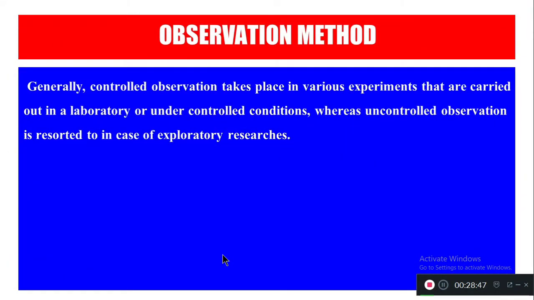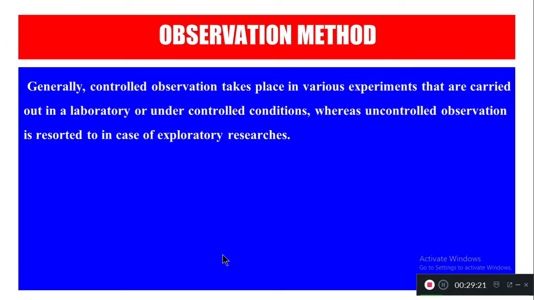Finally, controlled observation should take place where we are doing the experiment, like a laboratory, and uncontrolled observation methods can be done in exploratory research. So in experimental research, we go for controlled observation. In exploratory studies, we go for uncontrolled observation. So this is about the observation method.